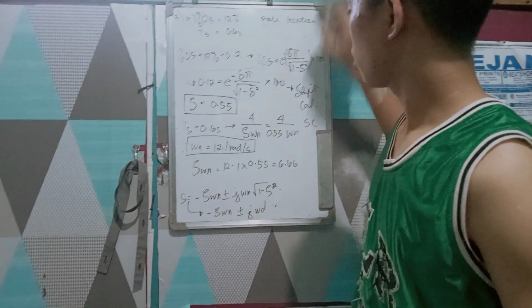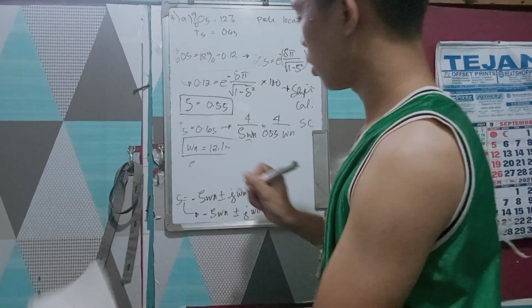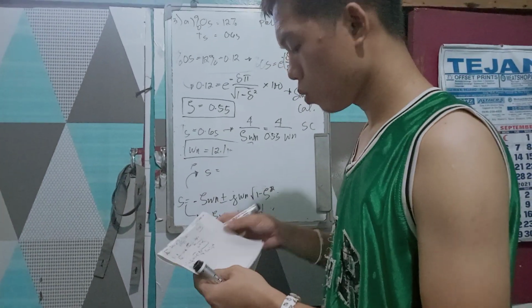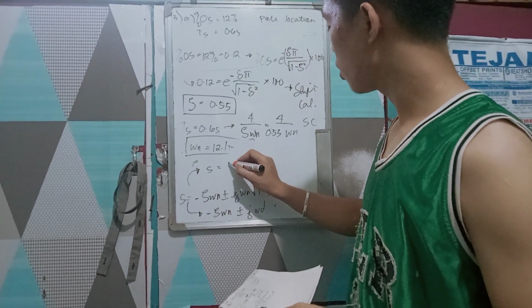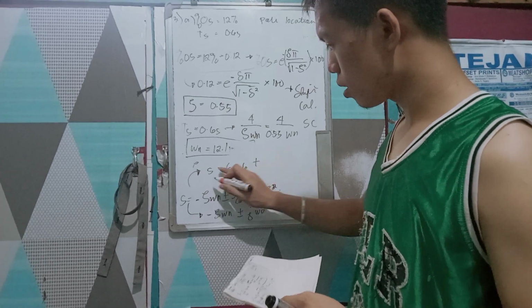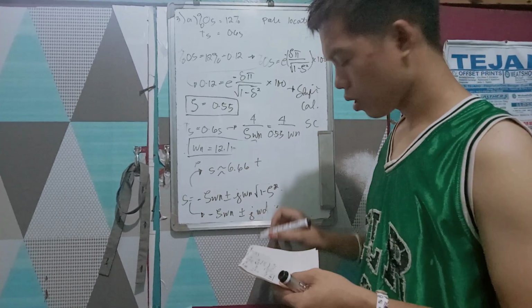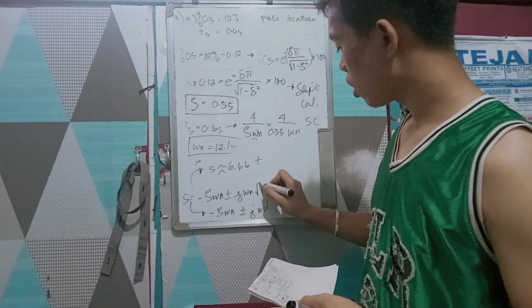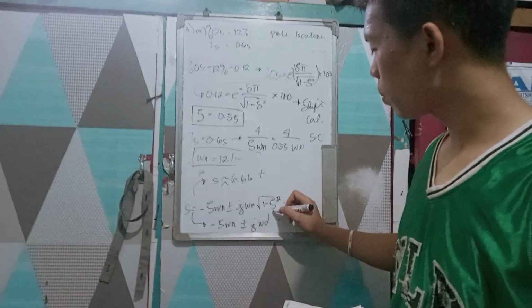So therefore, our final answer for pole location, s, is equal to negative 6.66 plus and minus j WN square root of 1 minus damping ratio squared.